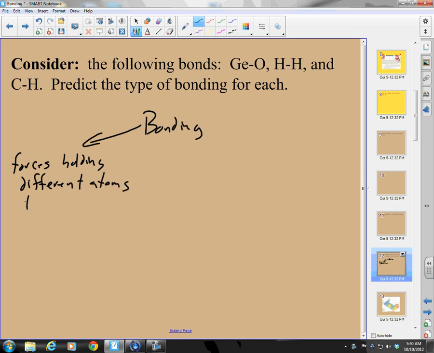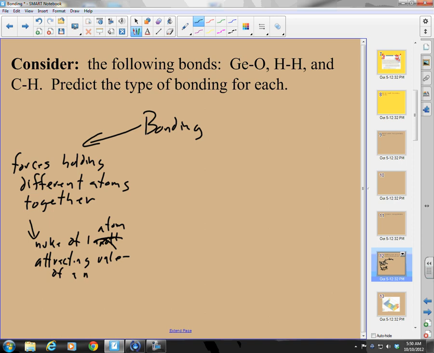And we said this is really the nucleus of one atom attracting valence electrons of another. Good.